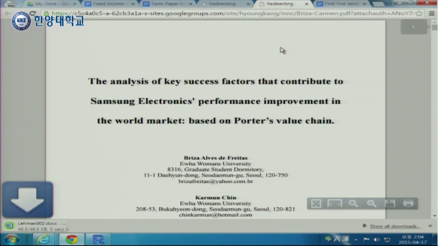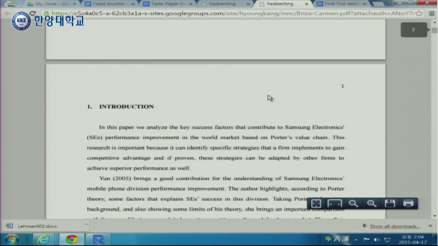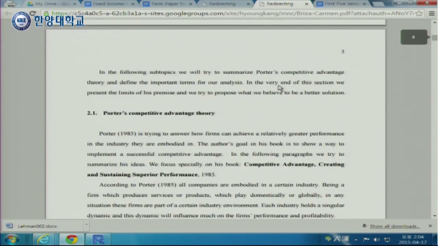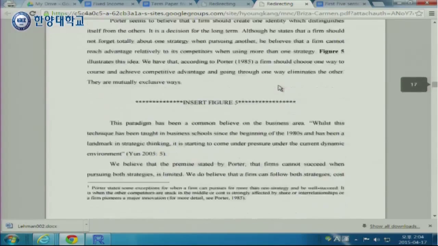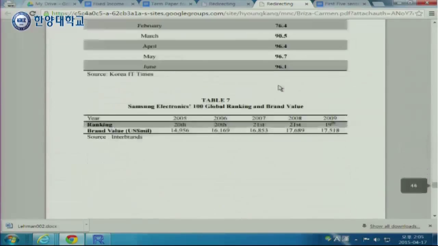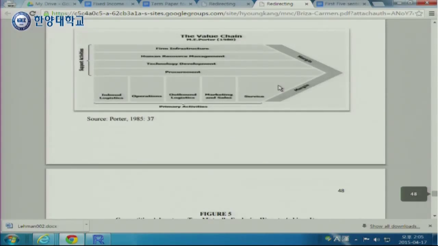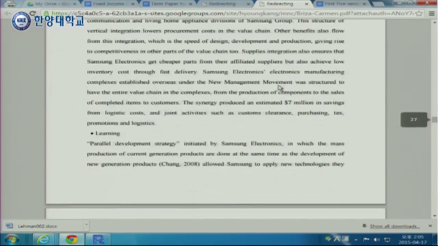Let me see. Oh, it's Brizard. Oh, it is my former student at UH University, and they did this term paper. Very good, isn't it? Yeah, they wrote this term paper. Well, and I think they got an A+ with this term paper. I think.